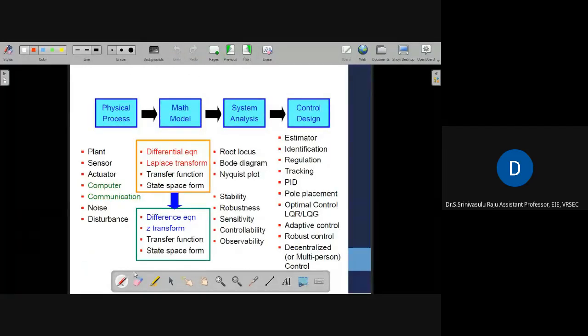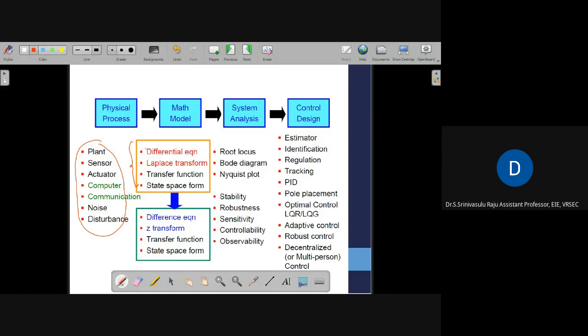And this we have already seen, I explained it during the introduction part of this unit. We have various elements: plant, sensor, actuator, computer, communication. All these will act as a physical process. We obtain the mathematical model by using these techniques: differential equation, or you can apply the Laplace transform.